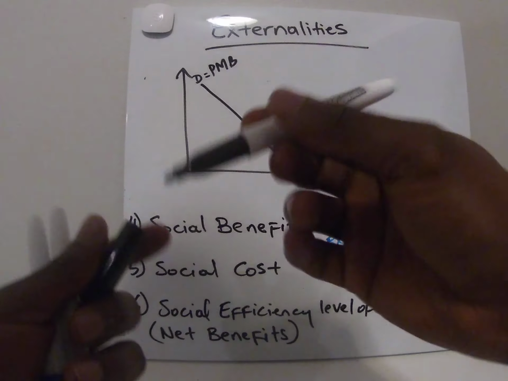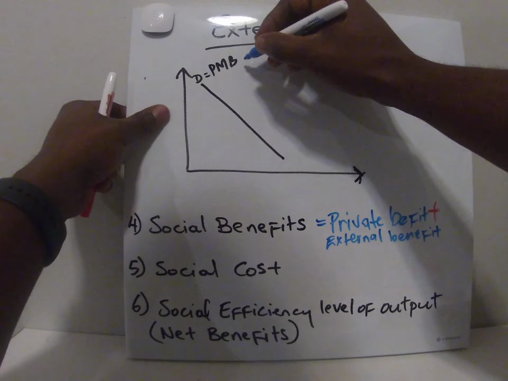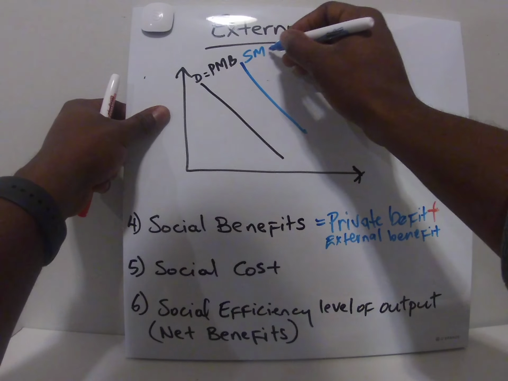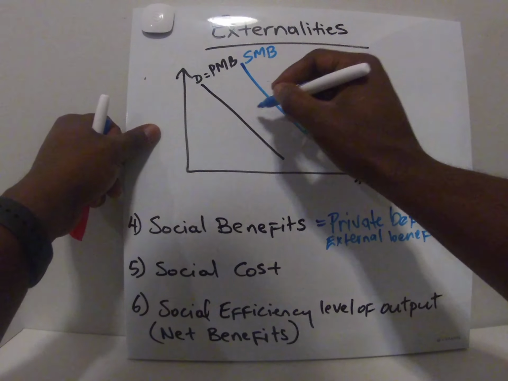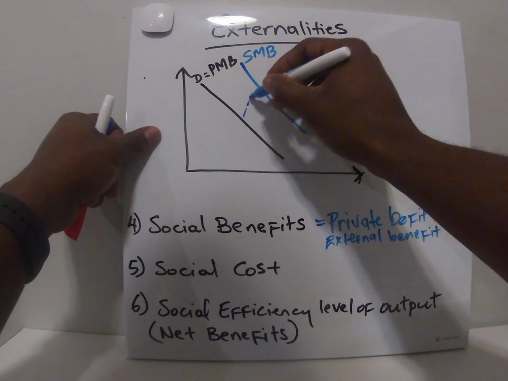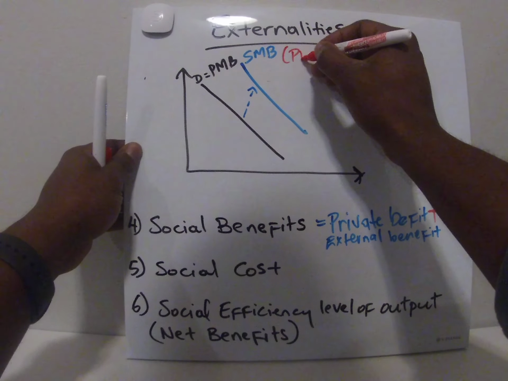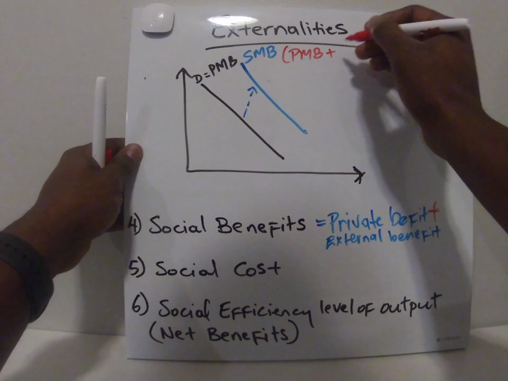So our demand curve will be represented with that, and then this would be our social marginal benefit, our social benefit, right? And the reason being, as you see, it goes to the right, it increases because it's what? Private marginal benefit plus what?